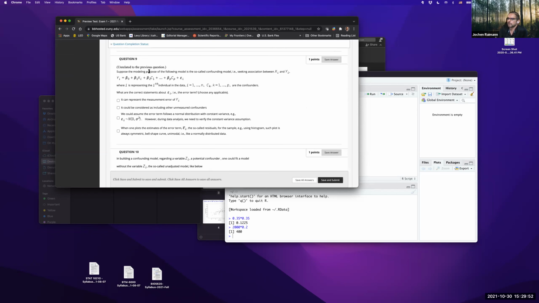Okay. Suppose the modeling purpose of the so-called confounding model is seeking the association between xi and yi. So this is the classical regression model. i represents the i-th individual in the data, i equals 1 to n.